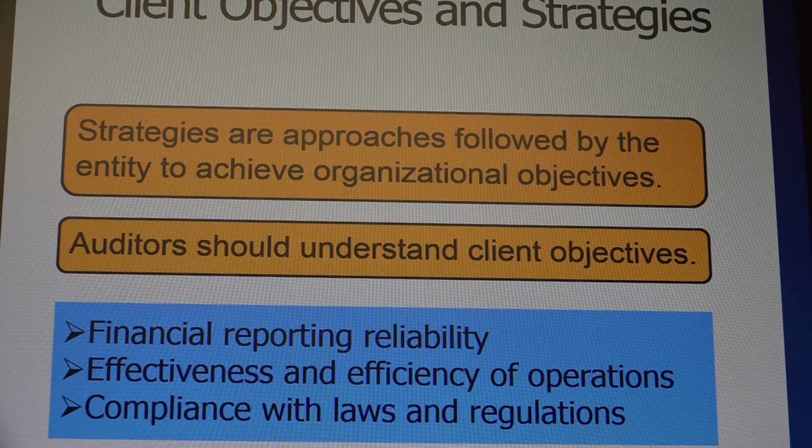And so the auditor needs to understand the client's objectives. And these objectives that they need to understand should be related to financial reporting reliability, effectiveness and efficiency of operations, and compliance with laws and regulations.